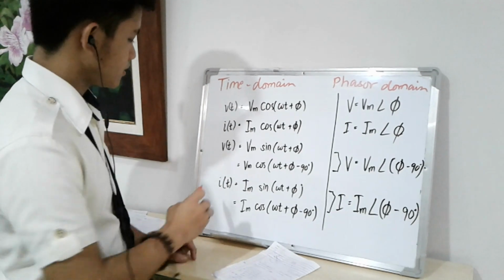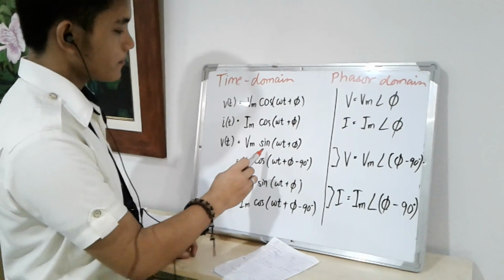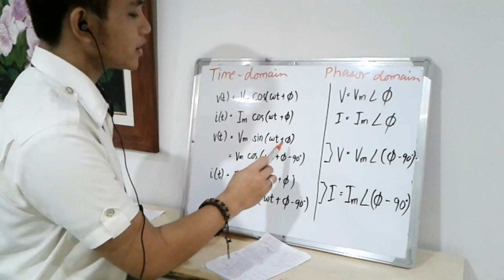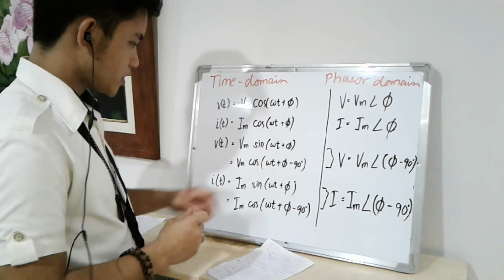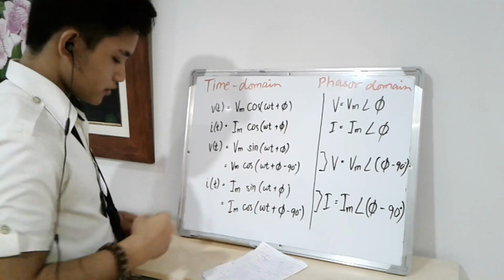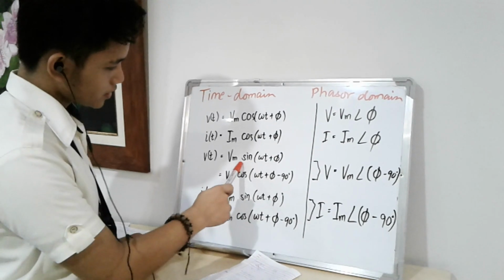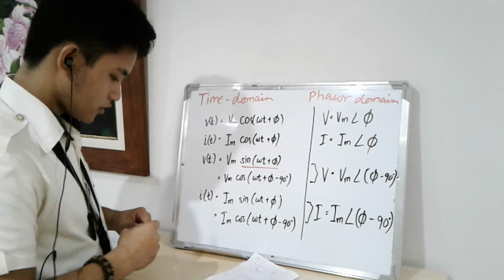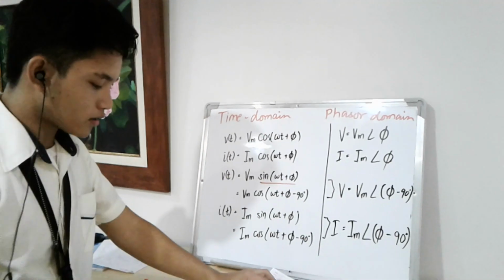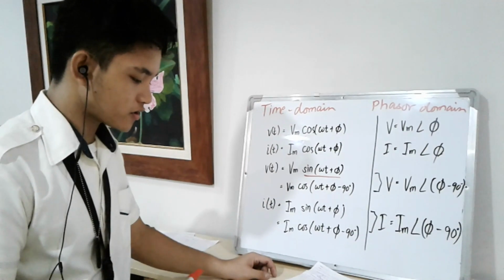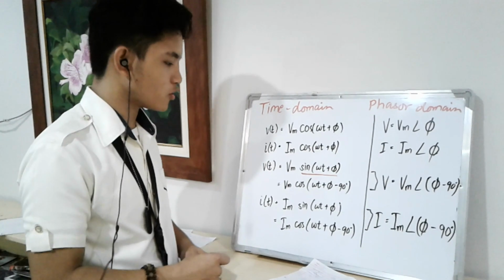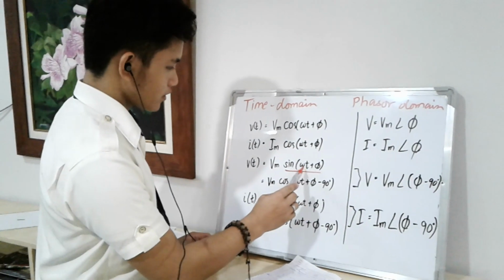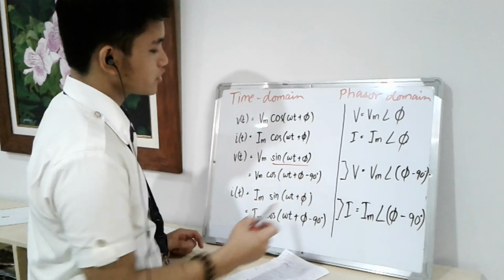V of t equals Vm sine quantity omega t plus phi. First, we transform this equation to cosine. So take note that when transforming time domain to phasor domain, you must use the cosine. So this angle minus 90 degrees.